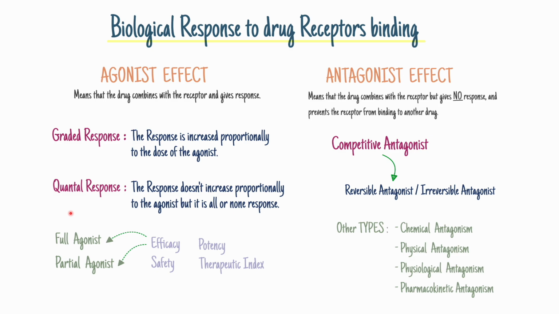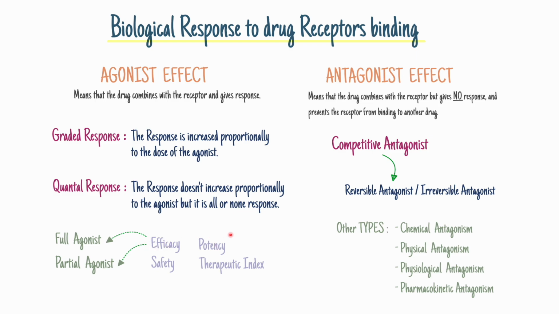And agonists, they usually are two types. You have a full agonist and partial agonist. And this classification is based on the efficacy. For example, you have two drugs, drug A and drug B. Drug A can reach the Emax and they bind to all receptors. While drug B, for example, binds to all receptors but doesn't give the Emax.